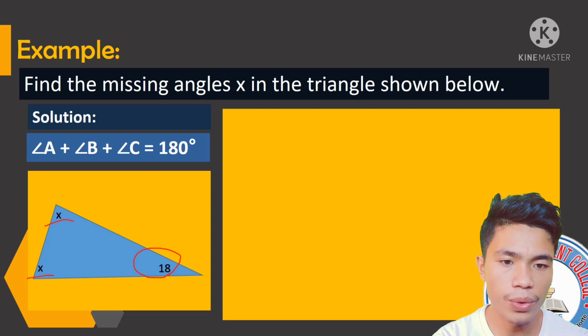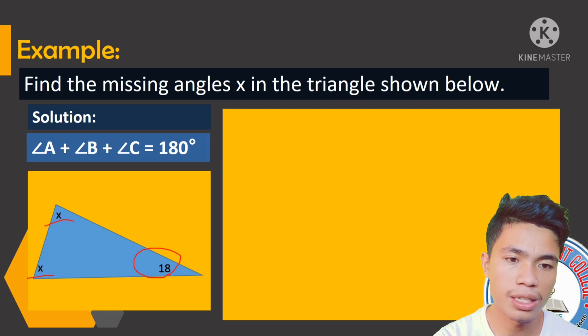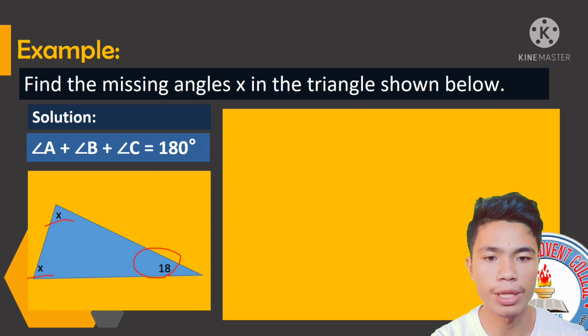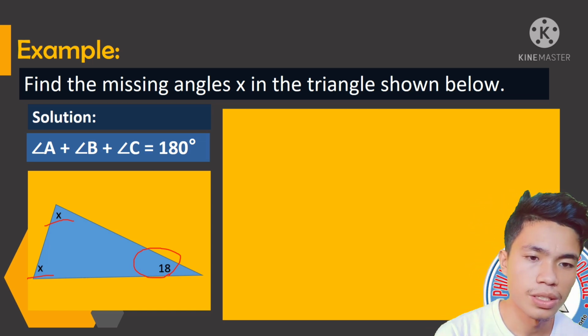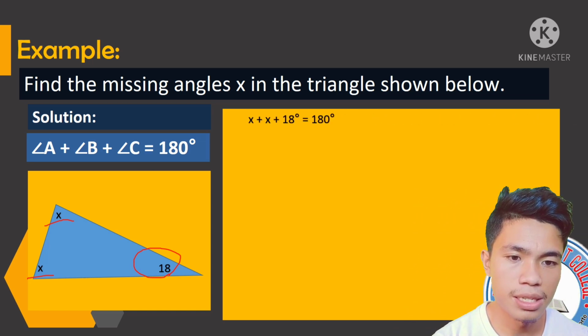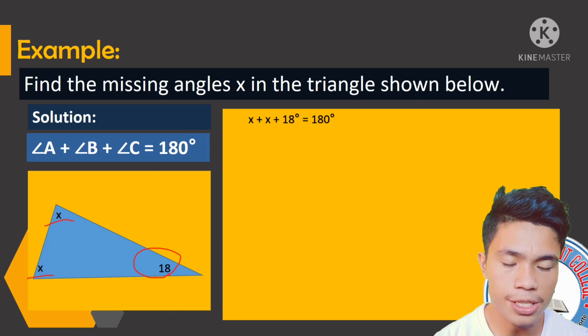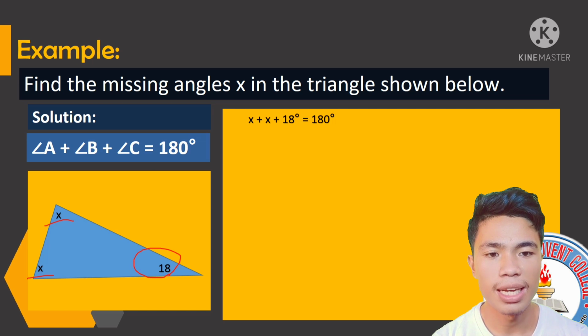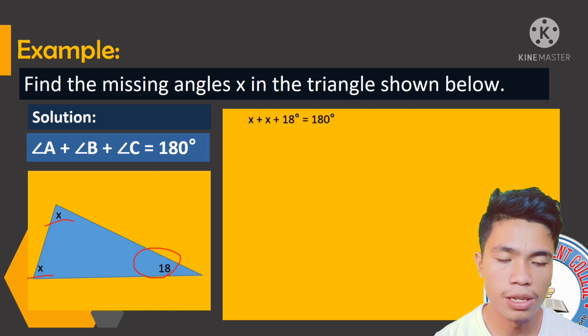First, we are going to write it in the triangle sum theorem formula. Assuming that the first x is angle A, the second x is angle B, and 18 degrees is angle C, we have x plus x plus 18 degrees is equal to 180 degrees.